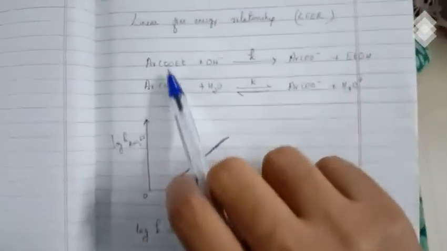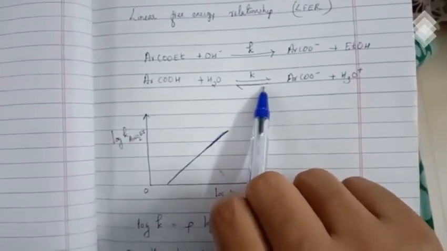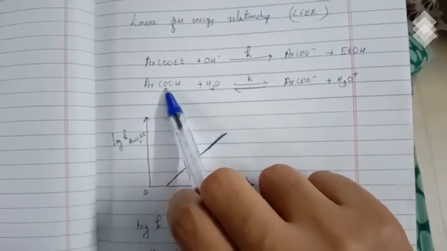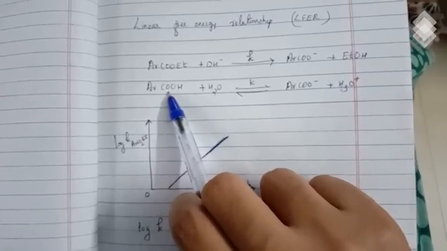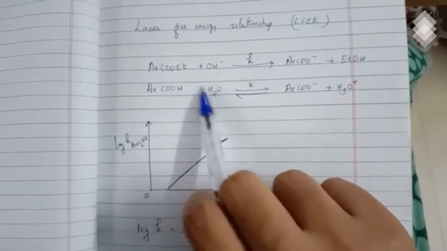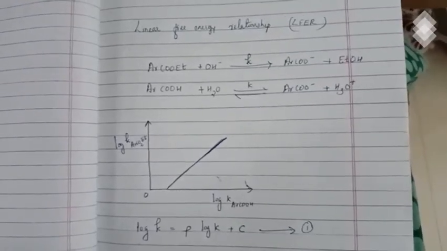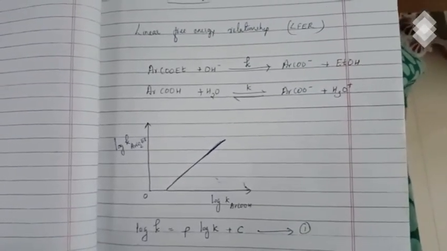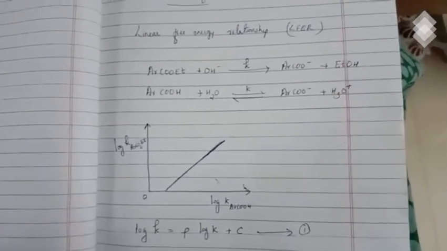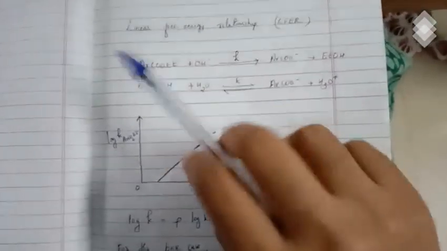Here the capital K means the ionization constant of an acid. pKa means minus log Ka, so here this K means Ka.